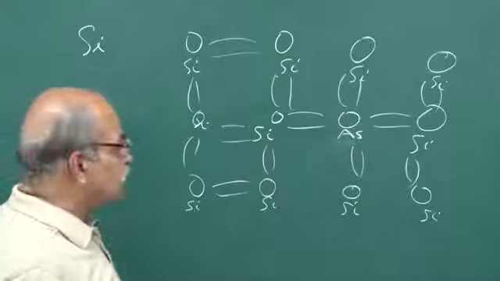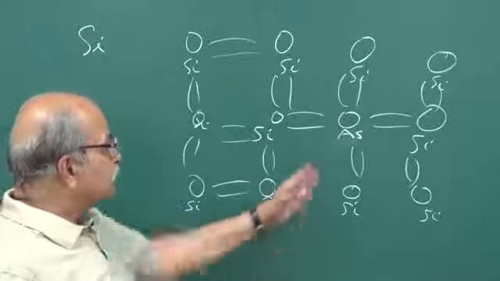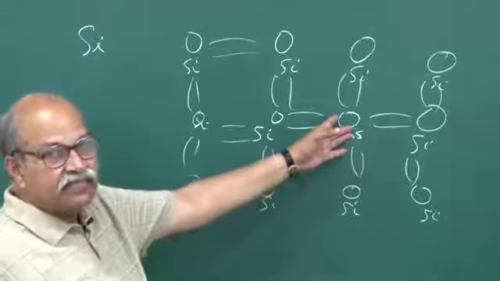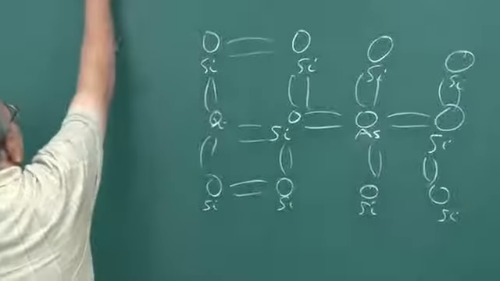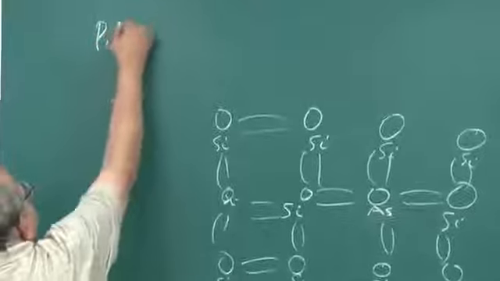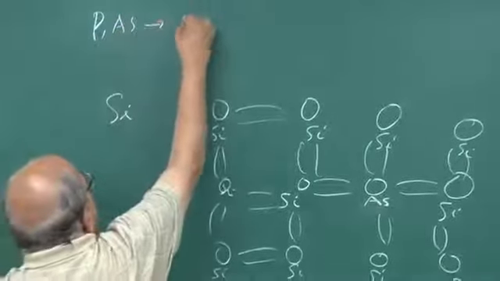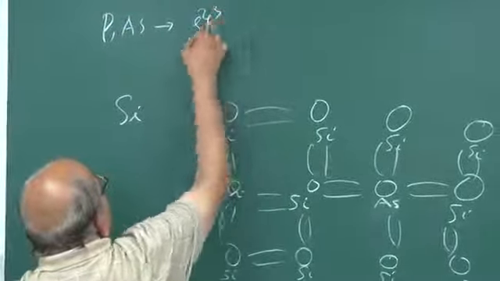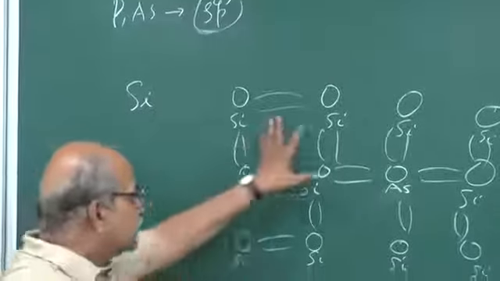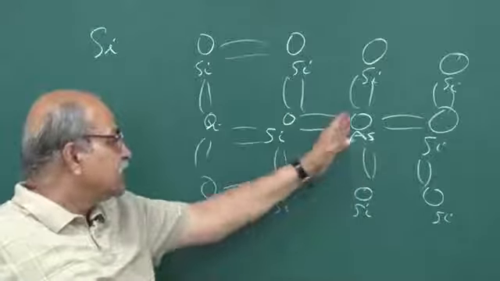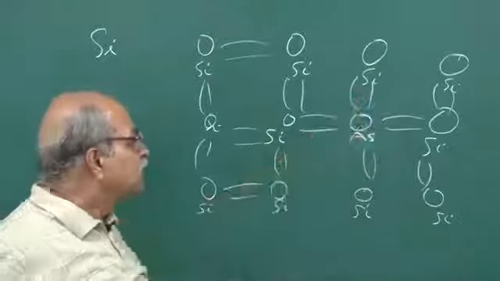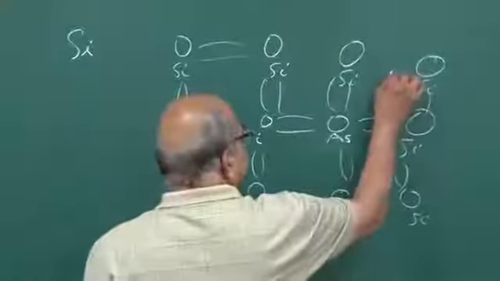This whole thing is neutral, but since arsenic is a pentavalent material, the outer electronic configuration for phosphorus or arsenic will be s2p3. So there are 5 of them. In this crystal structure, 4 will go into these sp3 covalent bonds, but the 5th one will be there.